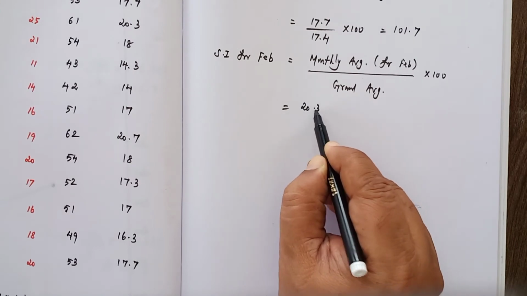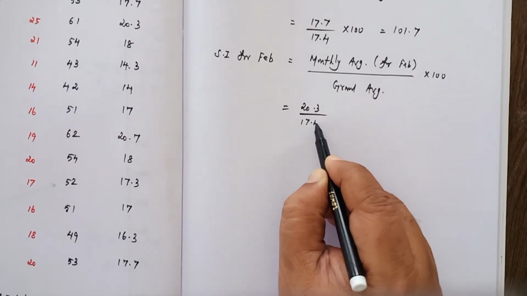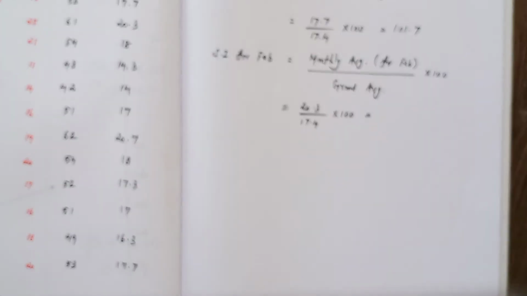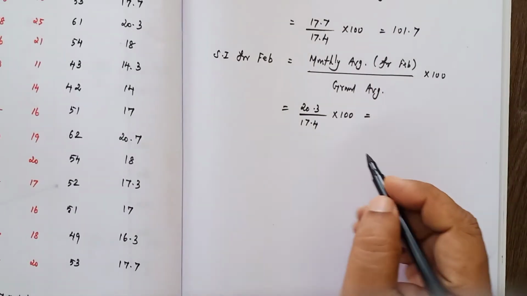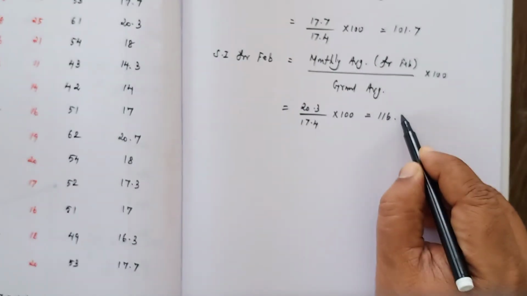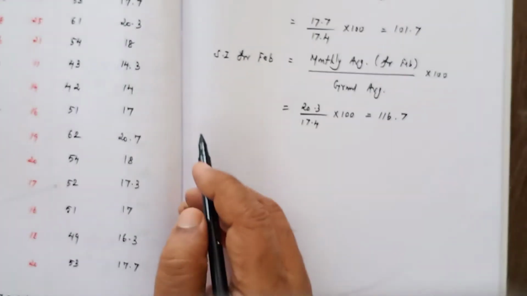So 20.3 divided by 17.4 into 100 is 116.6666, rounded to 116.7 approximately.